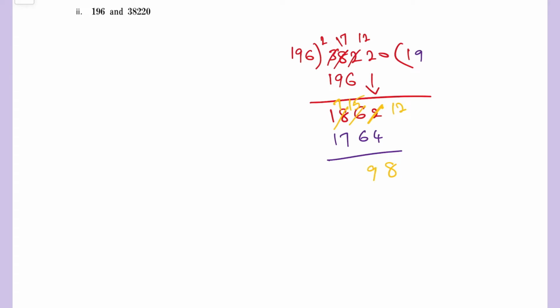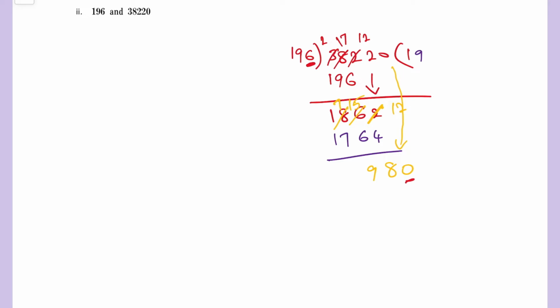And here 196 table 98 won't come, so drop the last digit also, that is 0. 980. Now we need to check in the 196 table where we will get 980 or at least near to 980.